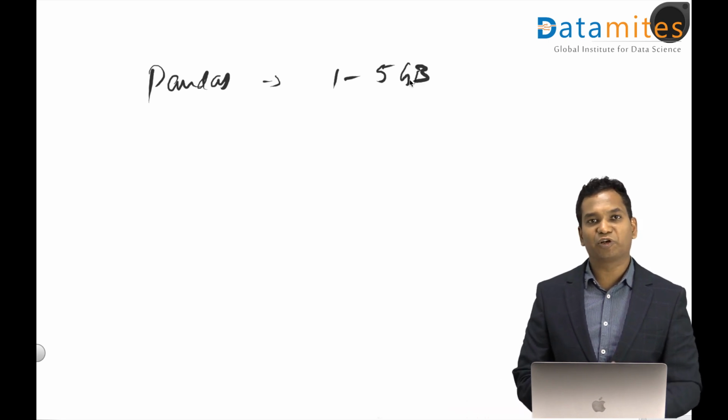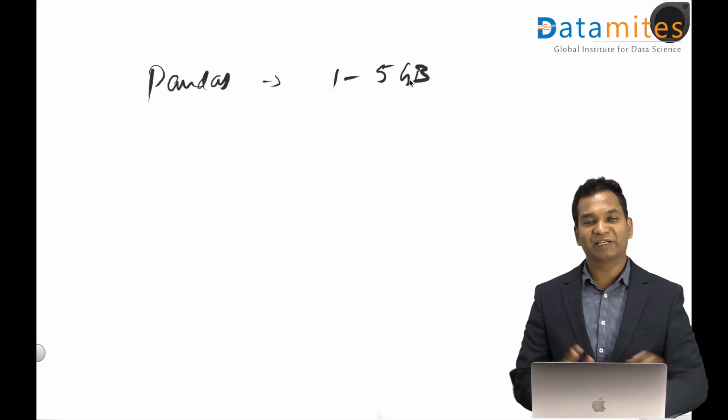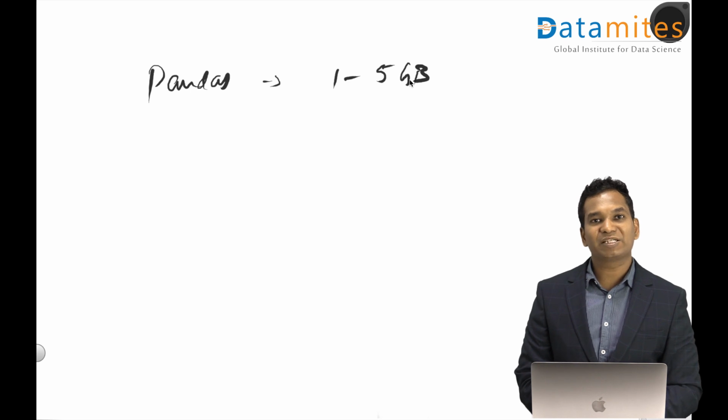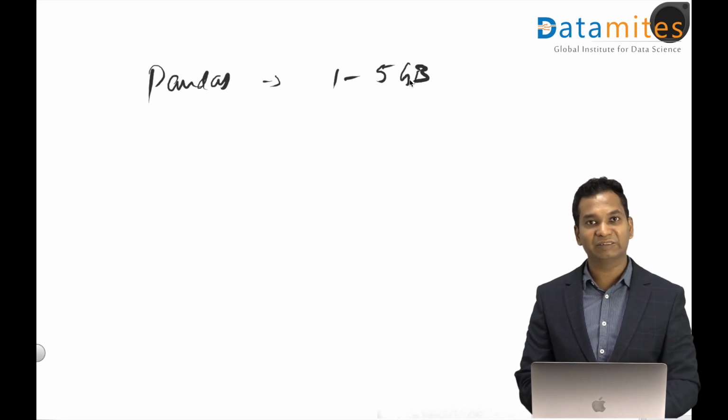You can have millions of records with, let's say, 20-30 fields within this range. Pandas is the most extensive library with the most extensive functionalities and modules. So within this limit, pandas is the best solution if you're working with structured data or panel data, which is where the name pandas actually came from.